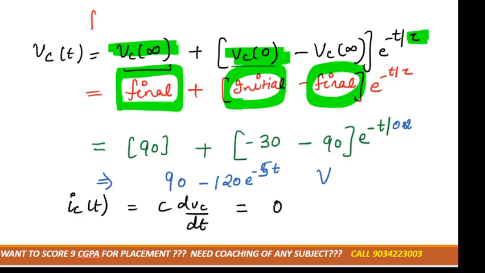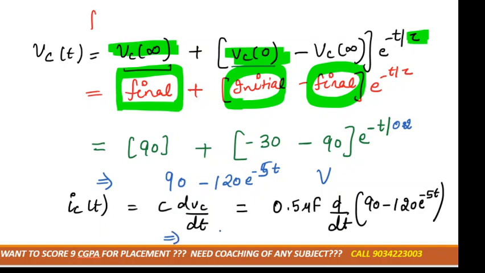C is given 0.5 microfarad. d by dt of 90 minus 120 e raised to power minus 5t, right? Now you can simply solve it and then you will get the value of 300 e raised to power minus 5t microampere.